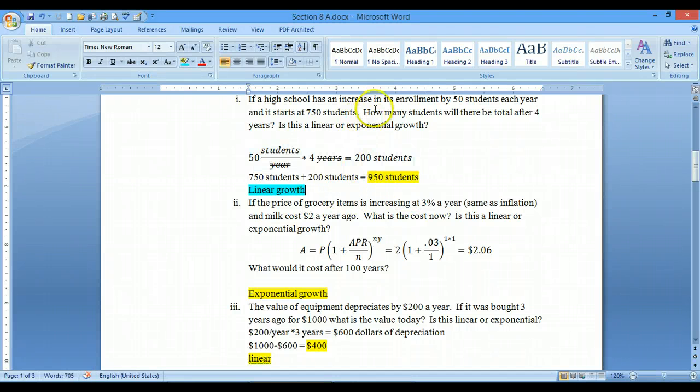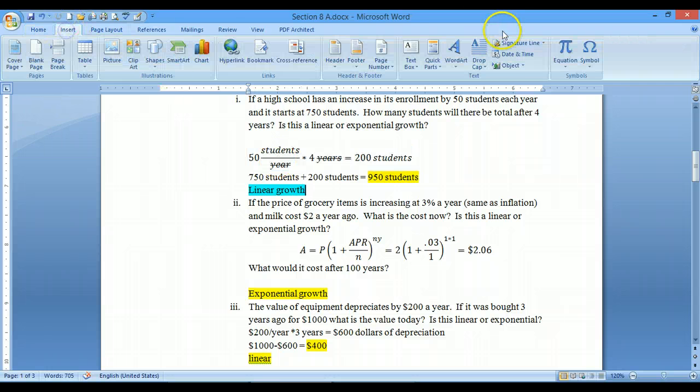Now let's find how many students there will be after 4 years. We can use unit conversions here, because I have 50 students per year for 4 years. Using insert equation, I get 50 students over years times 4 years, having one on top and one on bottom.